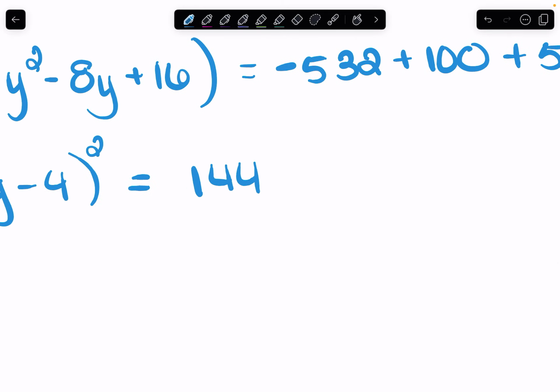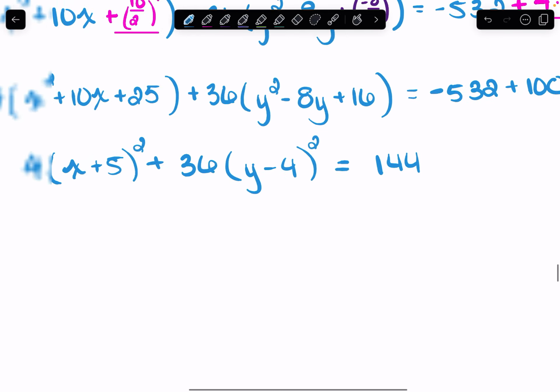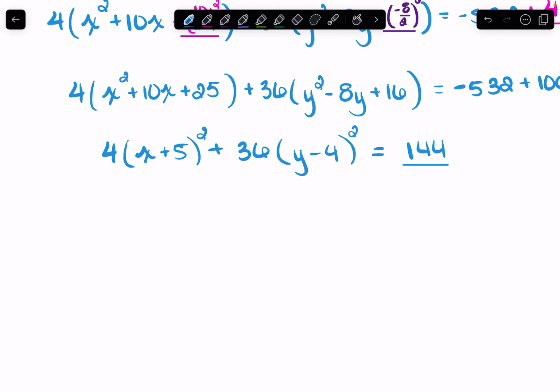And then to get it into standard form, remember it's got to have a 1 on the right side, so whatever number you get here has got to be divided off from the left and right. That means both terms on the left get the division by 144. So we've got our 4 over 144.